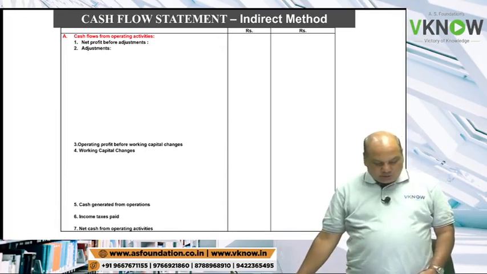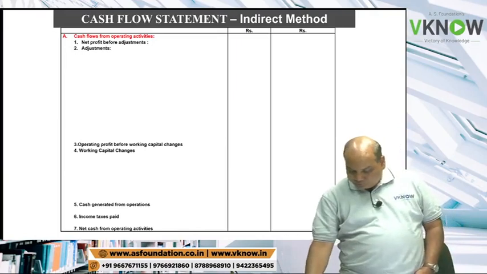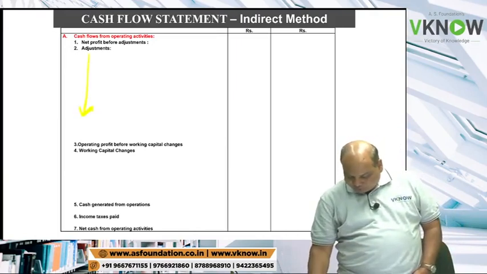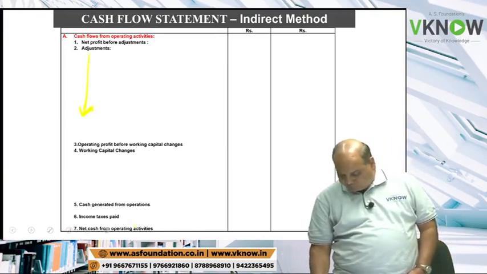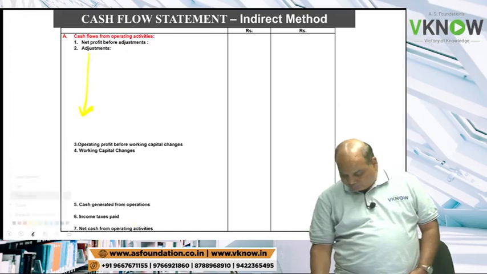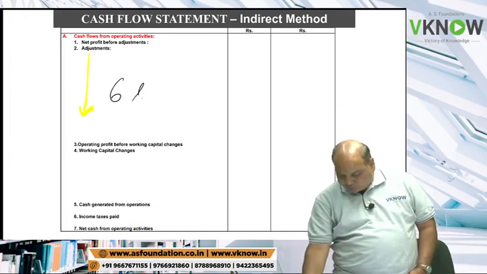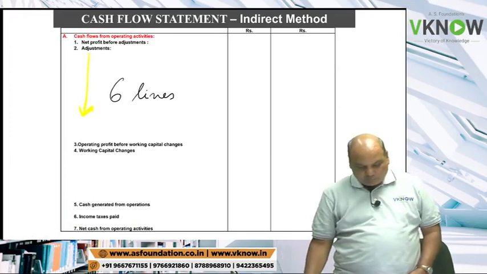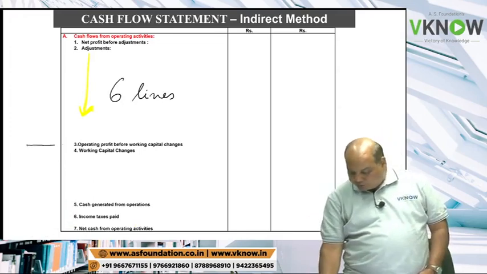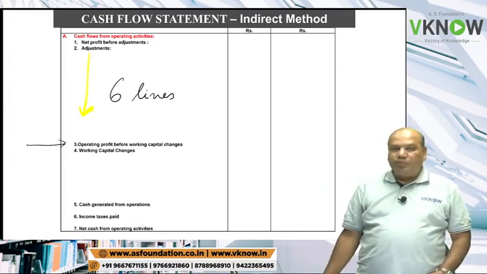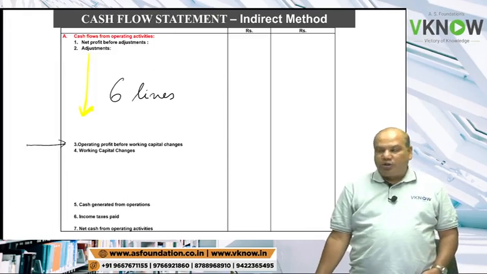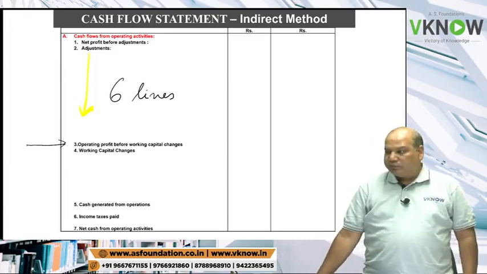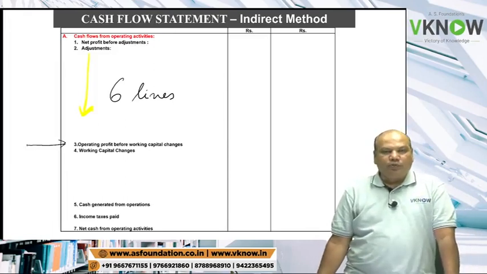Under adjustments, keep around 6 lines blank. Then write down point number 3, operating profit before working capital changes.